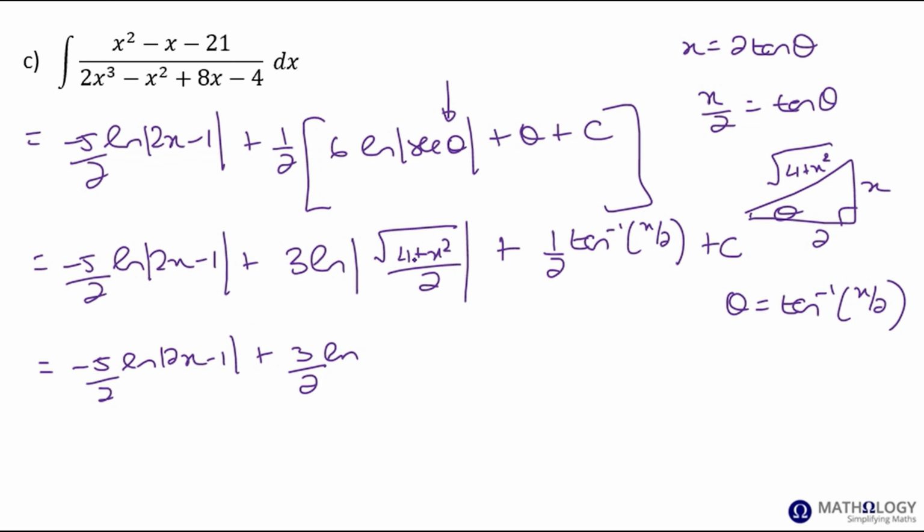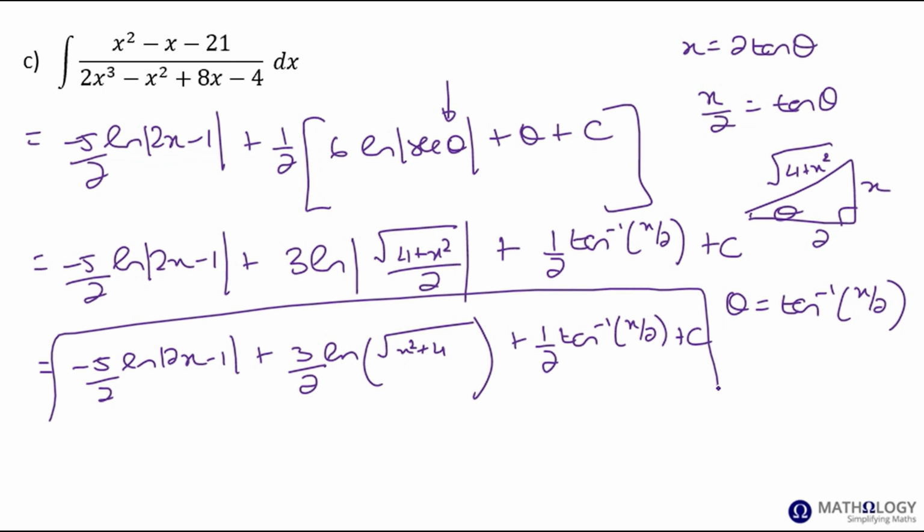The square root of that is obviously also positive, so we don't need the absolute value sign anymore. So it will be ln root, we'll just write that as x squared plus 4, plus a half tan to the minus 1 of x over 2 plus c, and that is the solution, the answer.